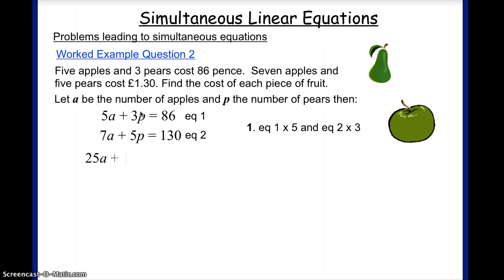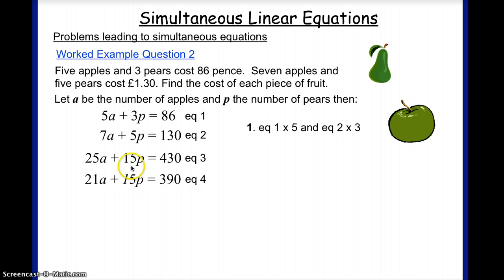First equation will now become 25a plus 15p equals 430. Now, we're going to change equation 2 by multiplying the whole equation by 3. So, 7 times 3, we will have 21a, 5p times 3, 15p, and 130 times 3 is 390.